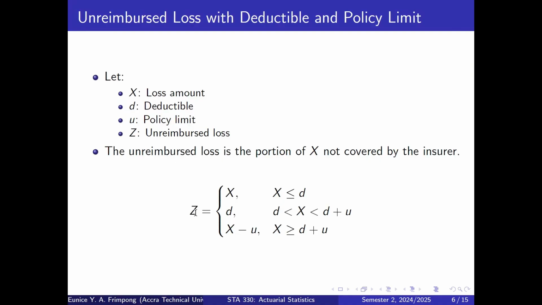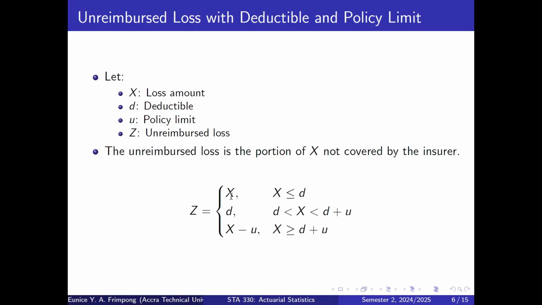This is the loss that is not reimbursed by the insurer. So in a contract, Z is the amount of money that the insured pays themselves. You, the policyholder, bear that amount of loss yourself, and the variable representing it is Z.